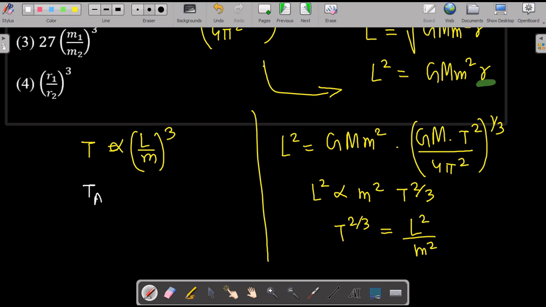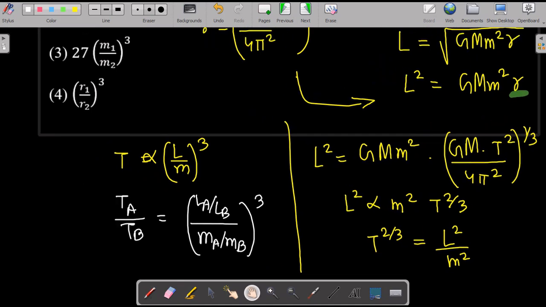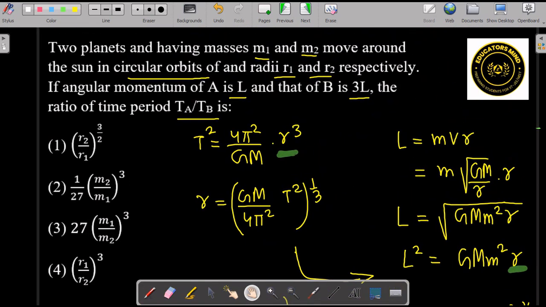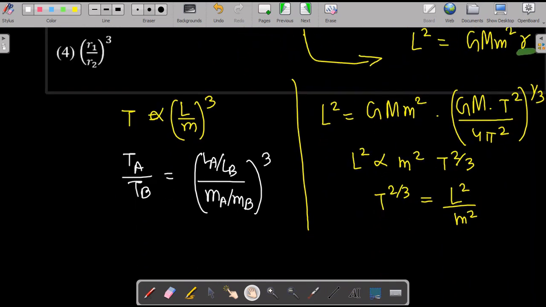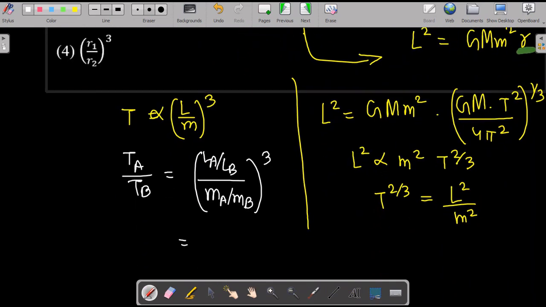So time period of A by time period of B is equal to LA by LB by MA by MB, power cube. What they have given: LA is L for A, and for B it is 3L. So 1 by 3 cube will come, and this is MB by MA power 3.